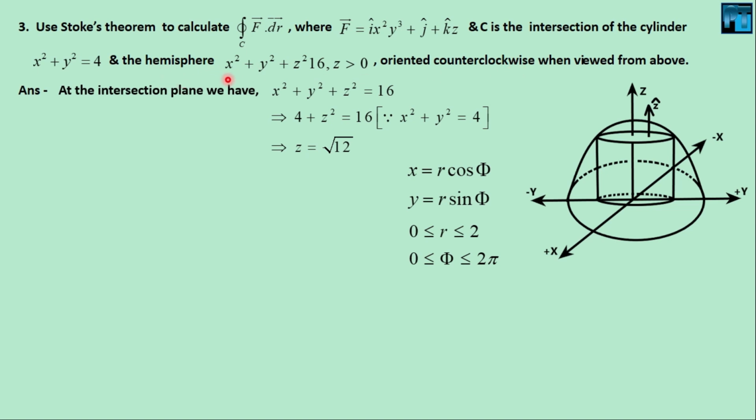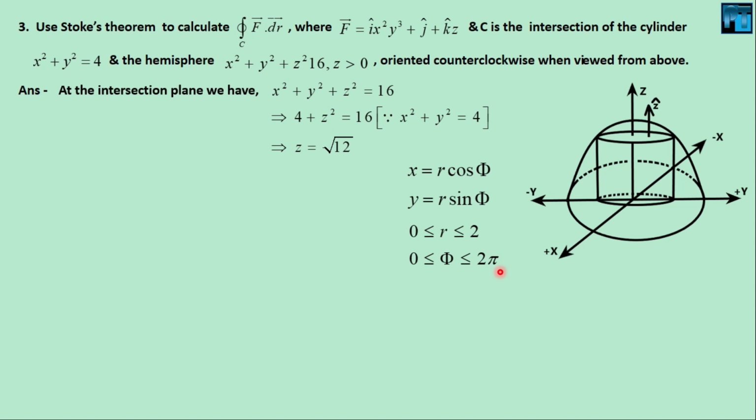So the cutting plane will be circular in nature. So x equal to r cos phi, y equal to r sin phi, r equals 0 to 2, and phi equals 0 to 2 pi.